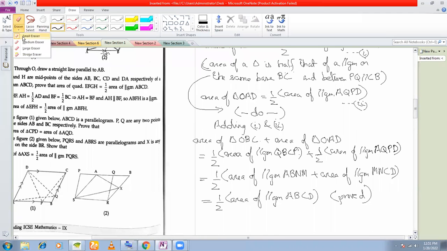And now you can take half common and write this again as half of QBCP plus AQPD. And what is the sum of the areas of these two parallelograms? It is area of parallelogram ABCD. And then that is the required proof.